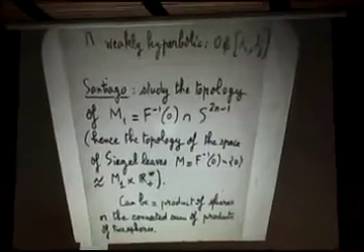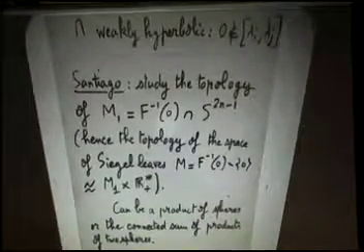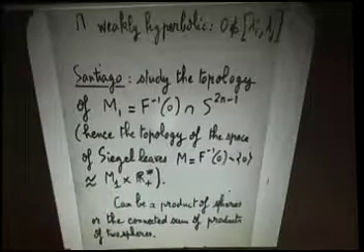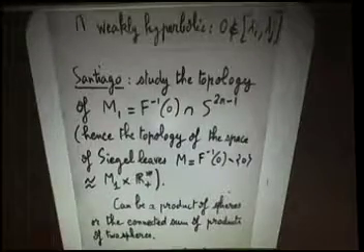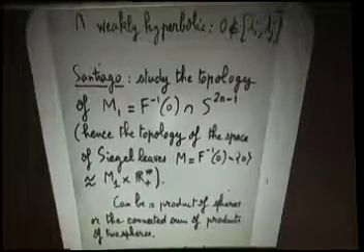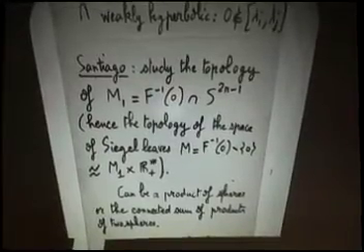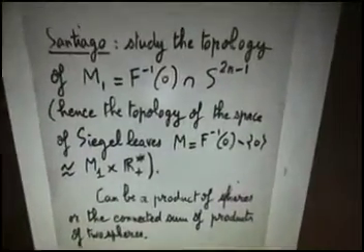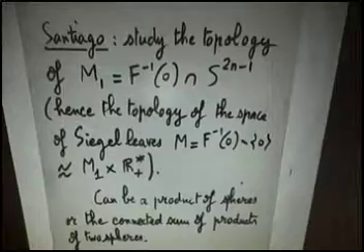So what Santiago studied is the topology of the space of Siegel leaves. That is, you take that cone, the zero level of f, and you just take away zero because that's not interesting.